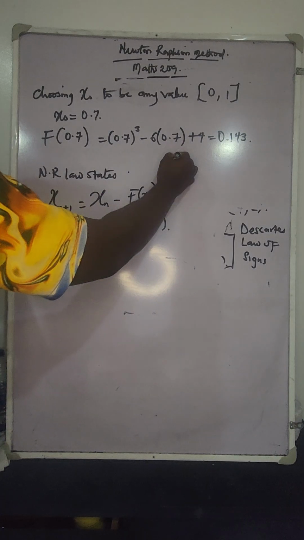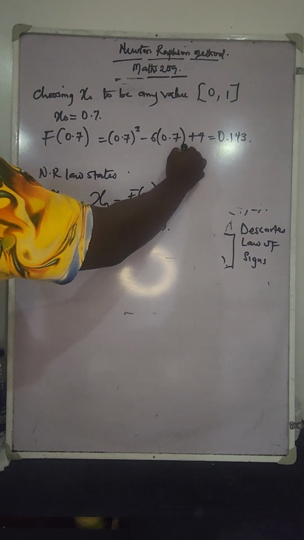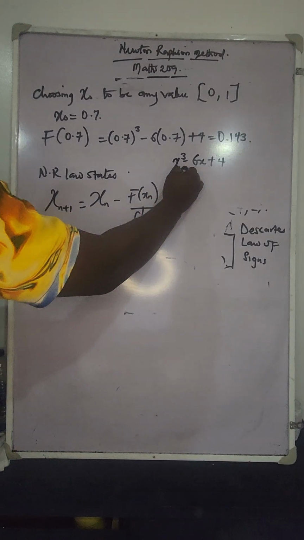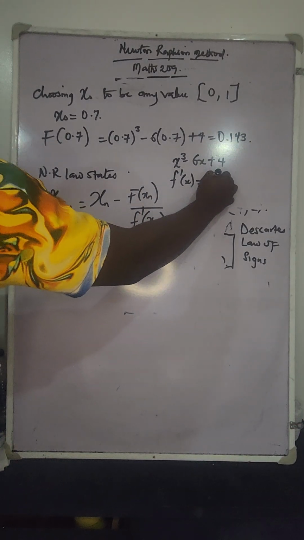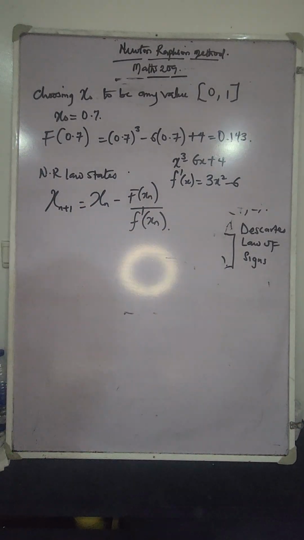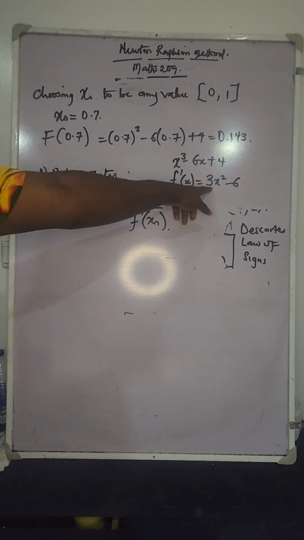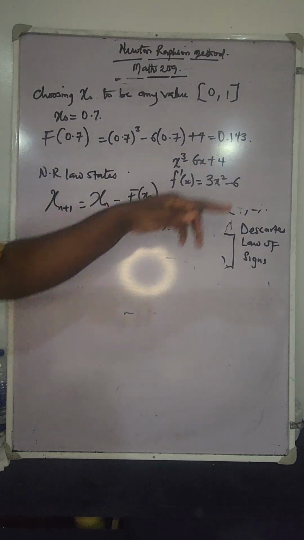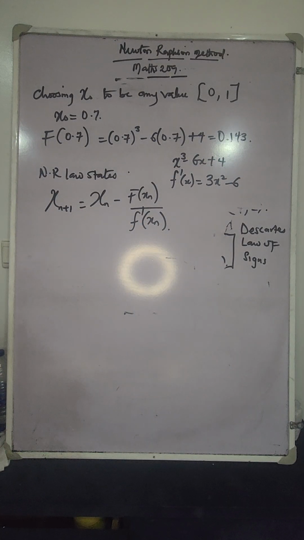The equation is x to the power of 3 minus 6x plus 4, so when you differentiate, when you find f prime, you have 3x squared minus 6. When you differentiate x to the power of 3, the 3 comes down.